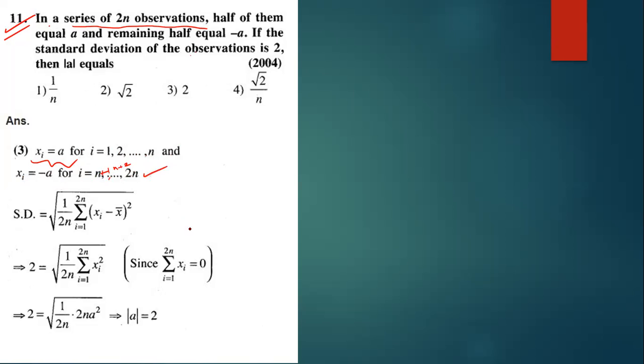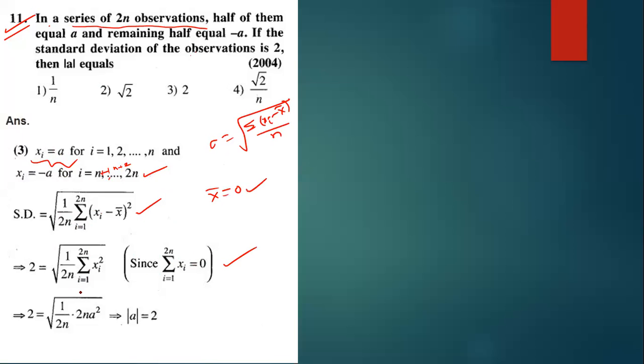Now write the formula. What is the standard deviation? Generally, sigma is equal to the square root of the sum of xi minus x bar whole square by n. But here n means what? 2n observations are there. That's why we are taking like that. Now, average is how much? 0. Why? Because both are adding up to cancel, so x bar is 0 here.